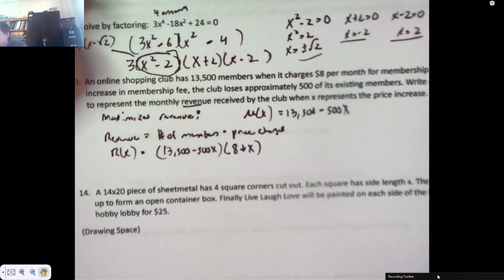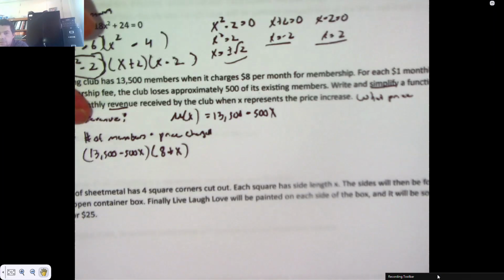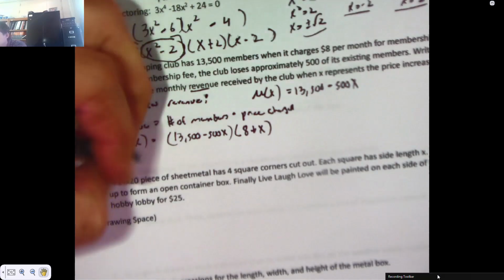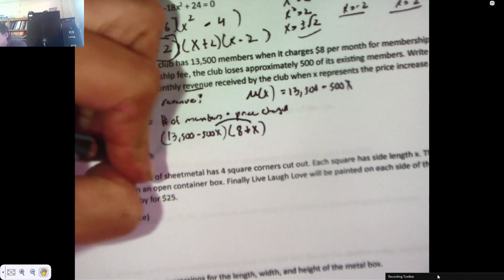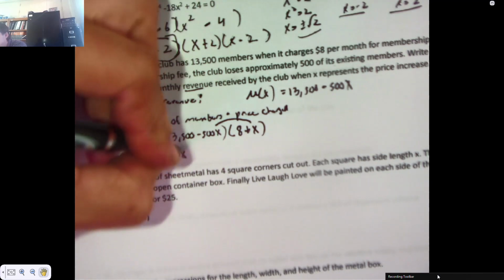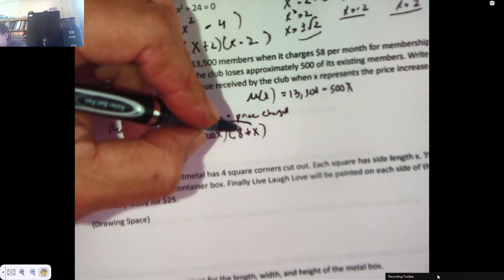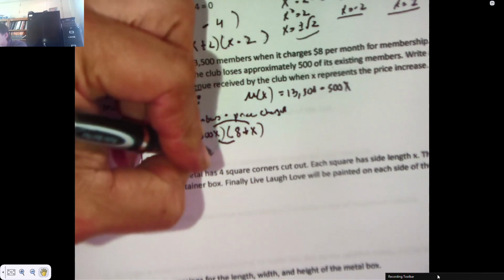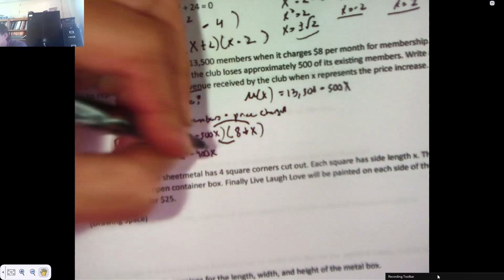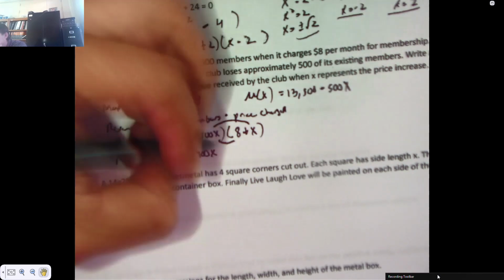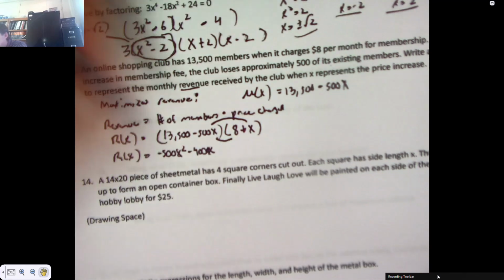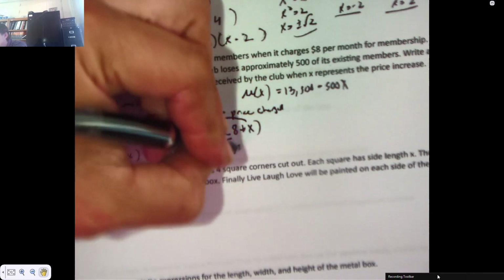It says simplify, and what the author of your book means by that is standard form. That's what they mean. So revenue as a function of X is going to be negative 500x squared. There's a reason I'm putting it in standard form. Minus 4,000x plus 13,500x.